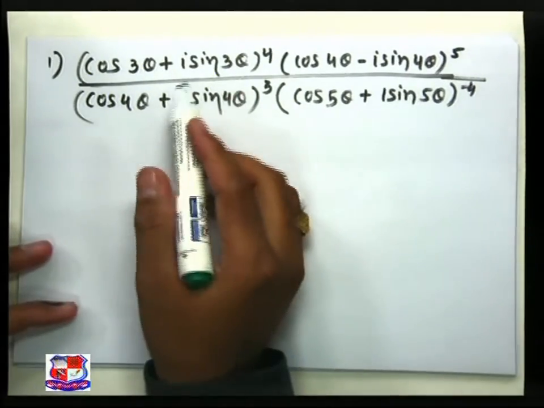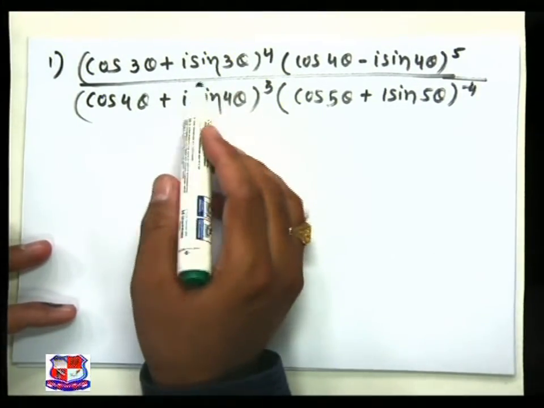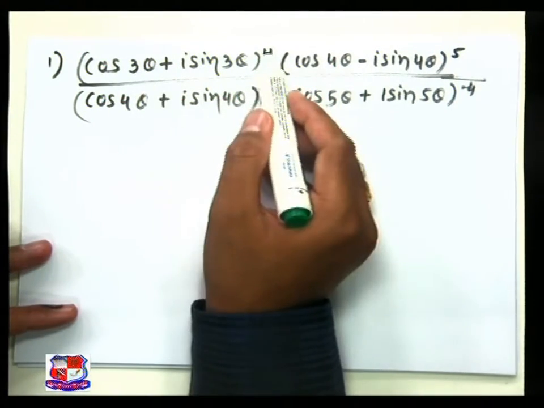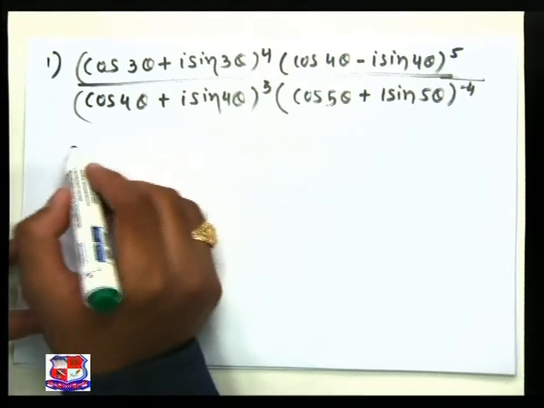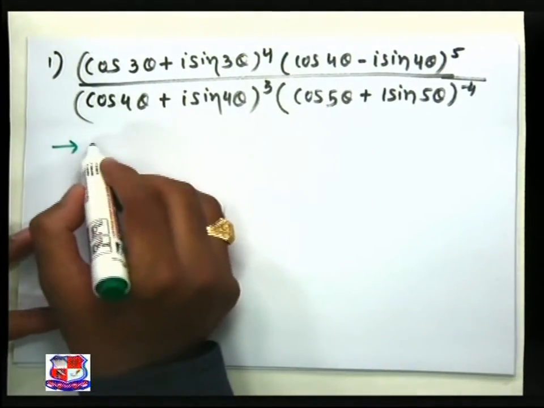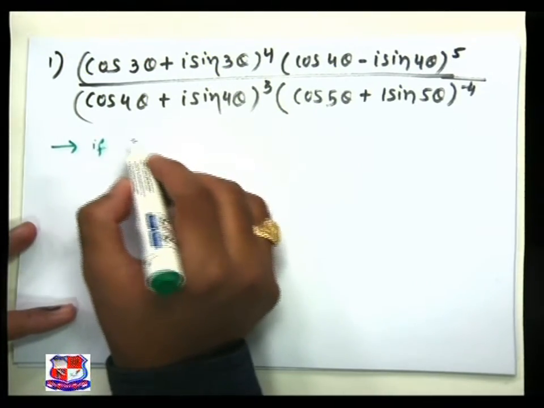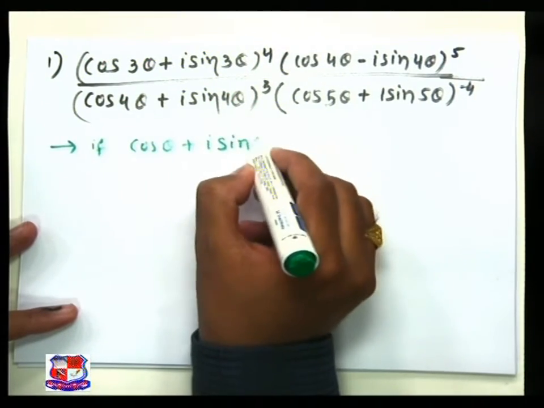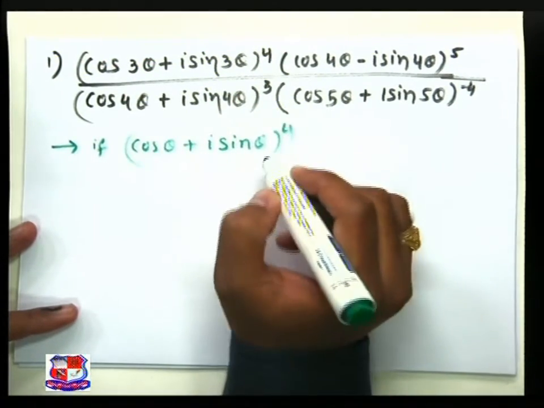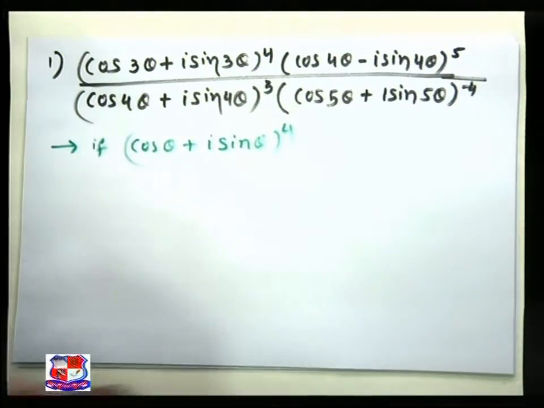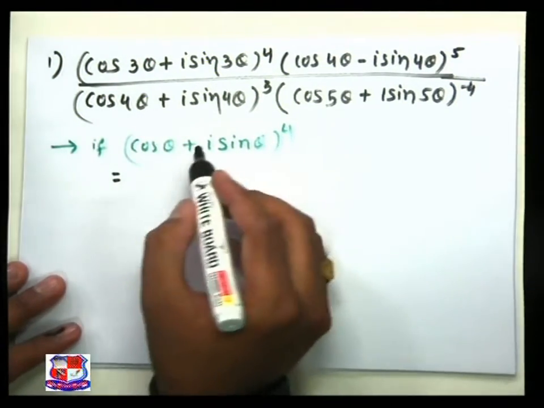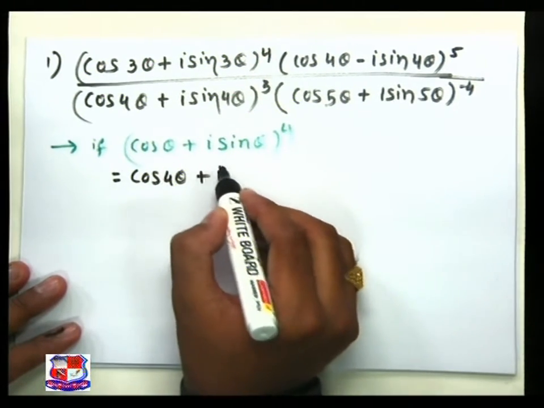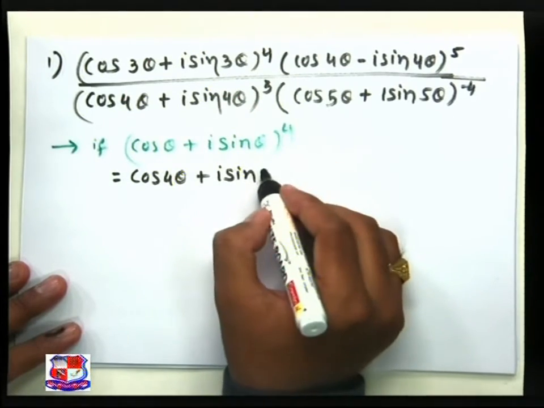So first of all, by the rule of De Moivre's theorem, we can replace the power by multiplying it with theta, because our rule suggests if cos theta plus i sin theta raised to 4, then it is equal to cos 4 theta plus i sin 4 theta.